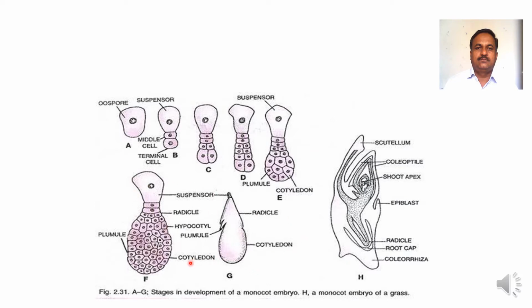This diagram shows the stages of development of a monocot embryo. The development of the embryo up to the octant stage is similar in both dicot and monocot.